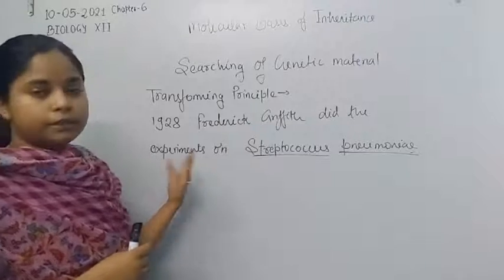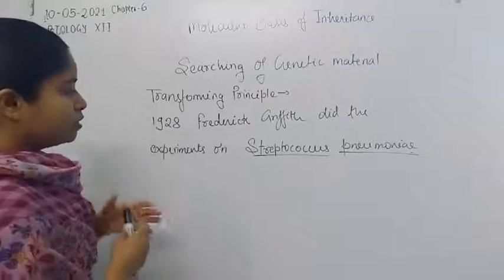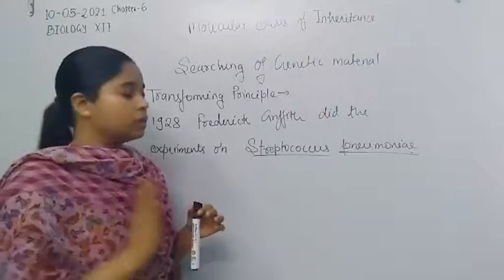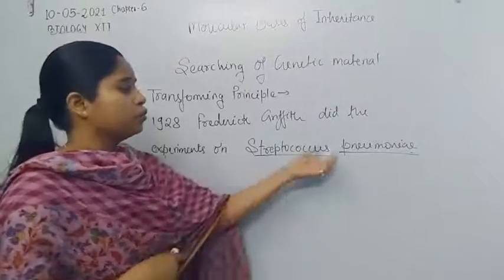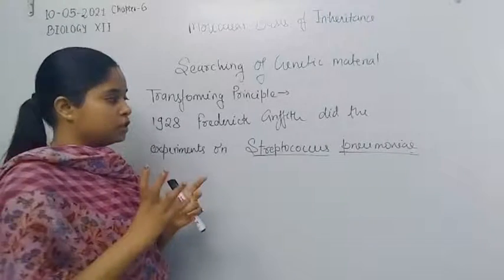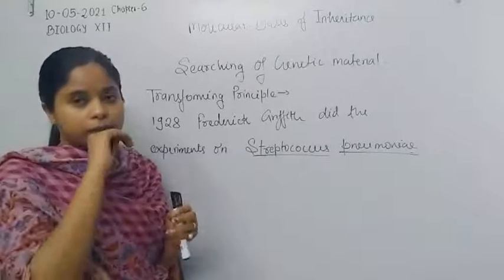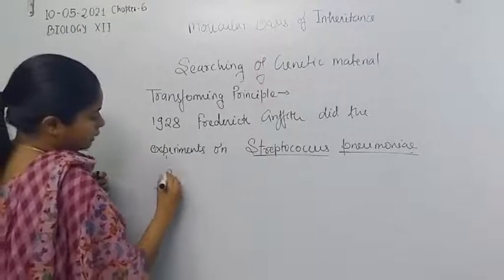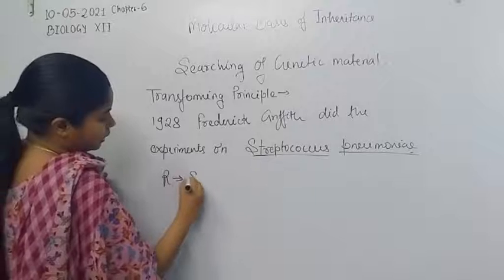According to Frederick Griffith, when he was conducting the experiment on Streptococcus pneumoniae, he observed two types of Streptococcus pneumoniae in the culture medium. The first is the R type of strain.